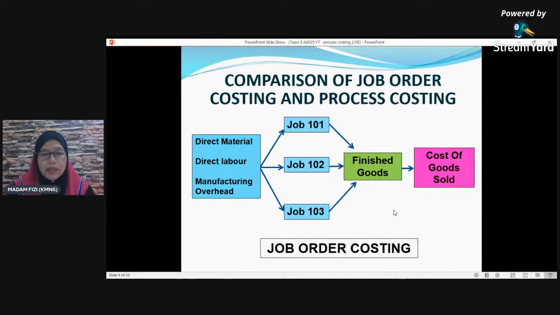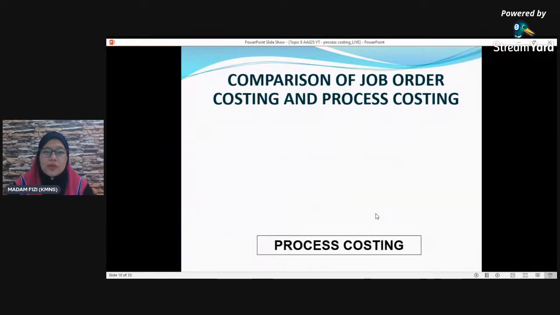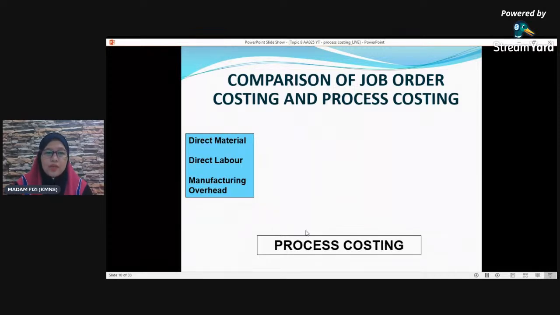So how about process costing? The cost flow for the process costing. Mula-mula sama. We record the direct material, direct labor and manufacturing overhead. So bila dia start buat kerja, we go to process A or process 1. Katakan contohnya kita nak buat minyak masak tadi kan.